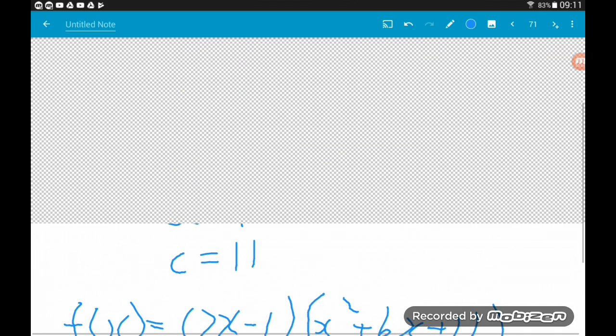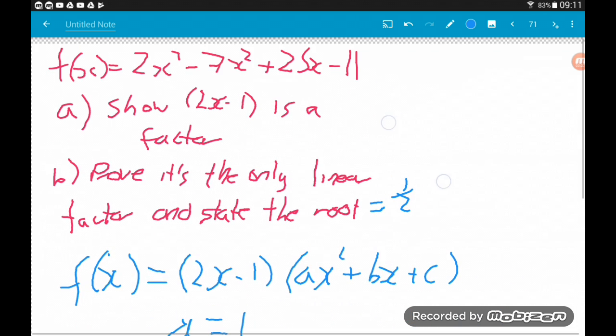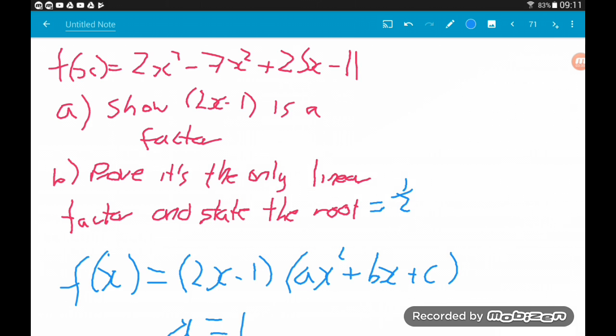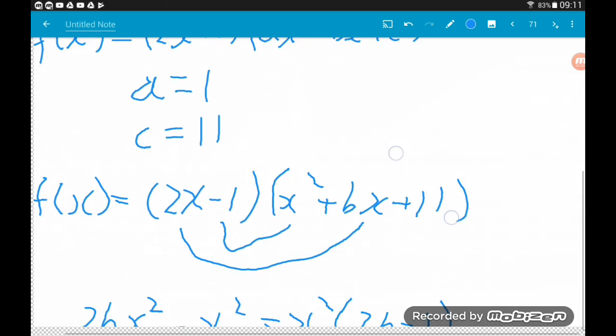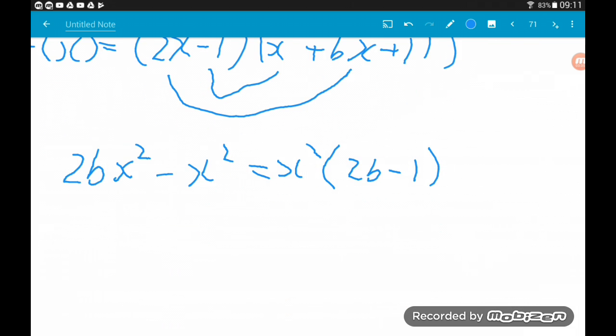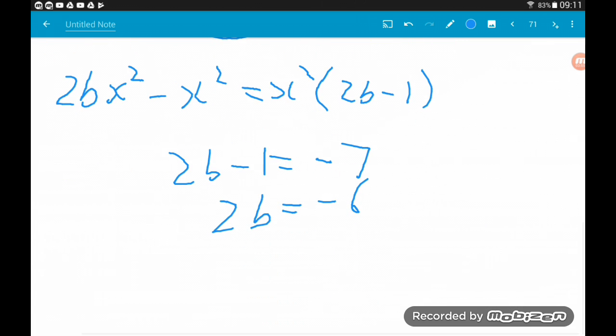Now let's check how many x squareds we wanted. Up here we want minus 7x squared. So that tells us then 2b minus 1 is minus 7, like that. So if I add 1, I get 2b is equal to minus 6, and then if I divide by 2, we get b is equal to minus 3.